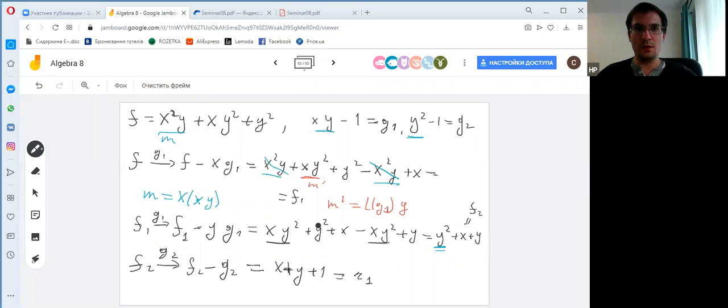And now we need to choose another way of reduction to obtain some other remainder.